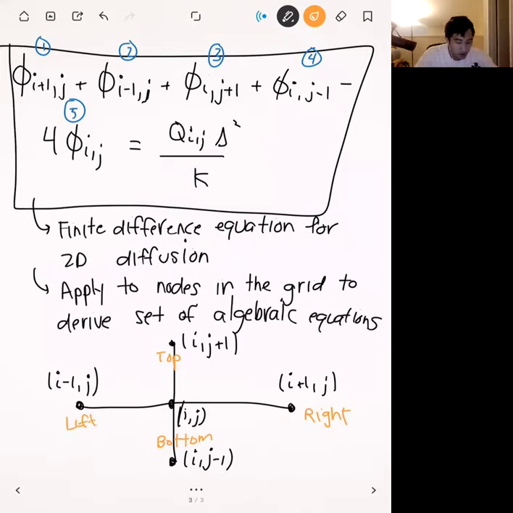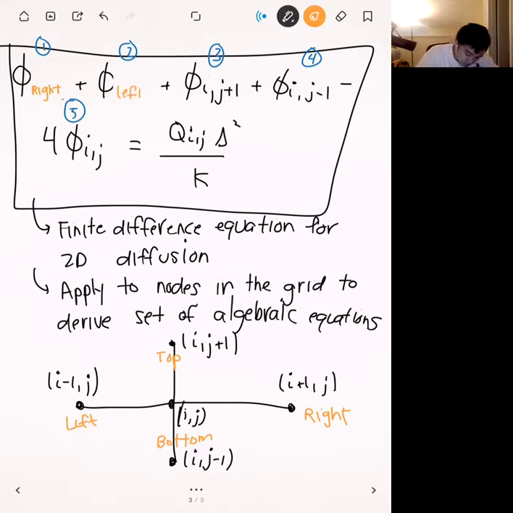For the sake of writing out equations by hand, you can replace these i and j coordinates in this expression with where those things are located. First here we have i+1,j, and so this was our right neighbor. Then we have i-1,j, our left neighbor.